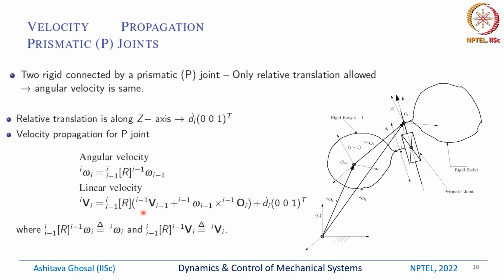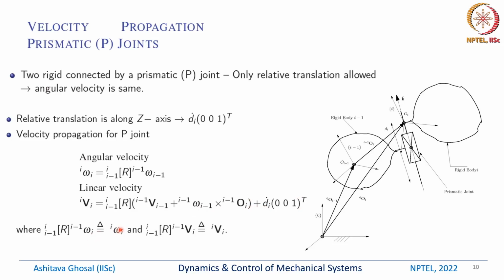So we have I minus 1 Vi minus 1, some omega cross r, and then this di dot, and we would like to write in this recursive or propagation form, which is I Vi equals some matrix multiplication into I minus 1 Vi minus 1 plus omega cross r plus di dot.